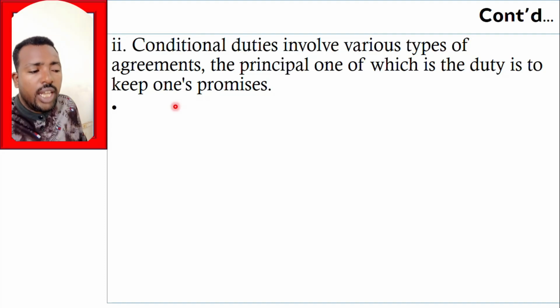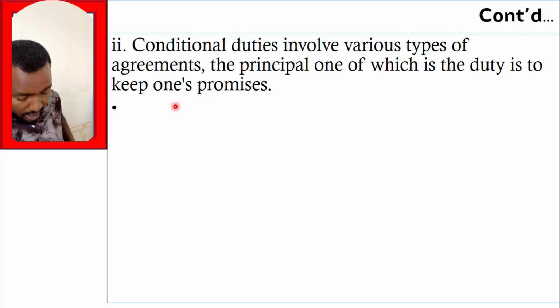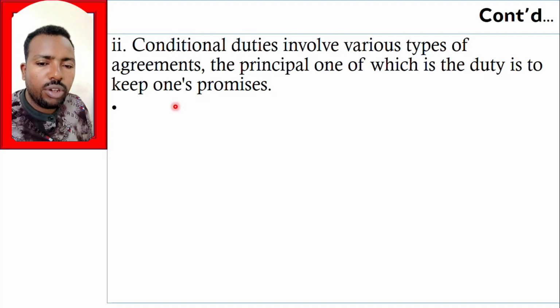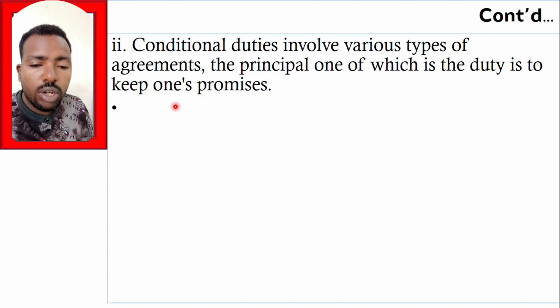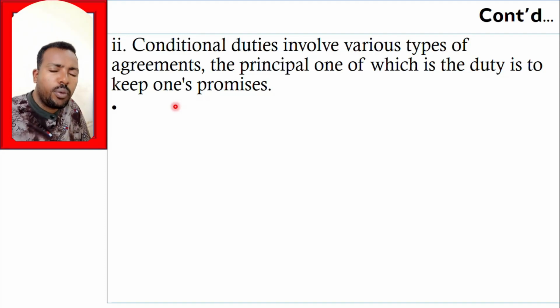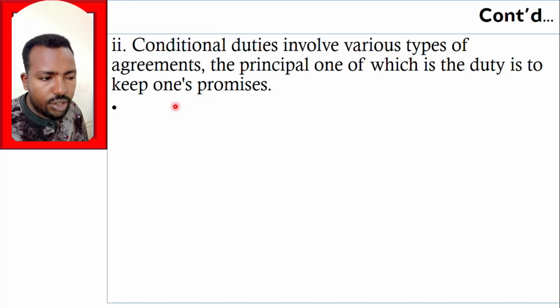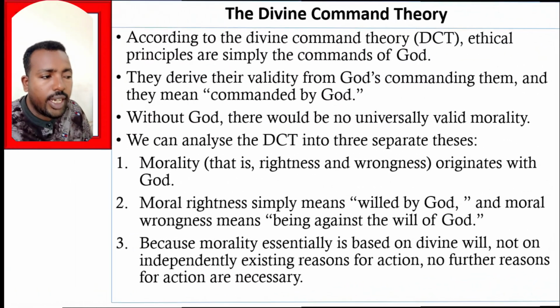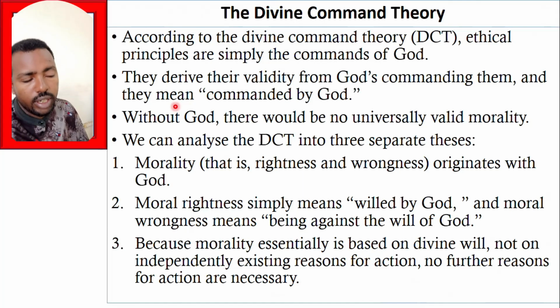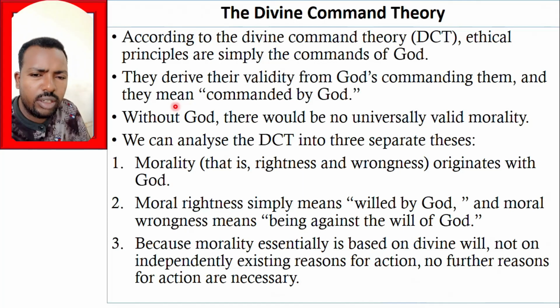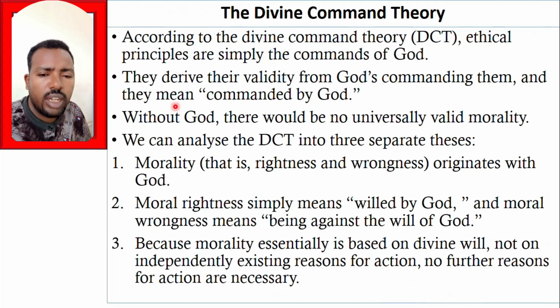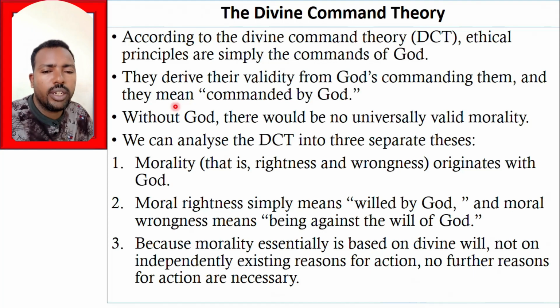So generally, Samuel has outlined these three categories of duty that a person has to fulfill and perform in order to bring out the best, which is also part of the deontological ethical theory, which is based on the duty thesis. The second type of theory that is closely connected to deontological ethics is the divine command theory.